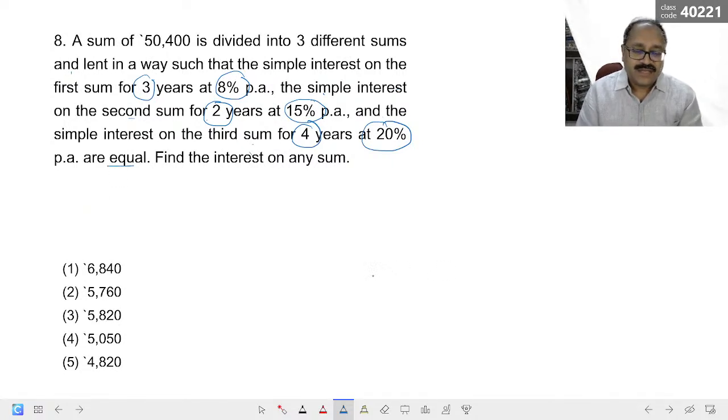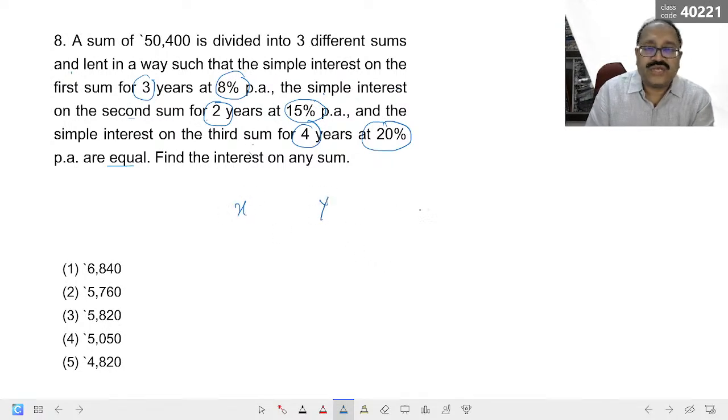Okay, that means let me assume that x, y, and z are the three sums.